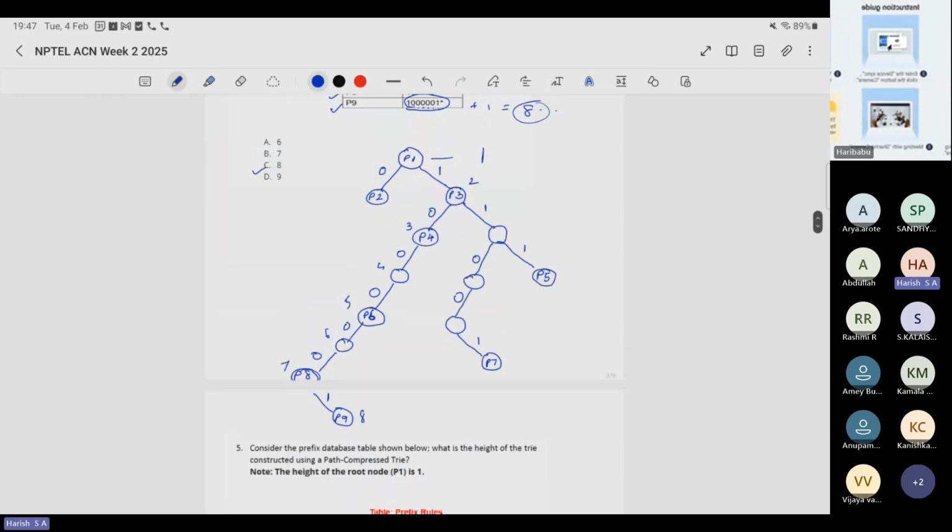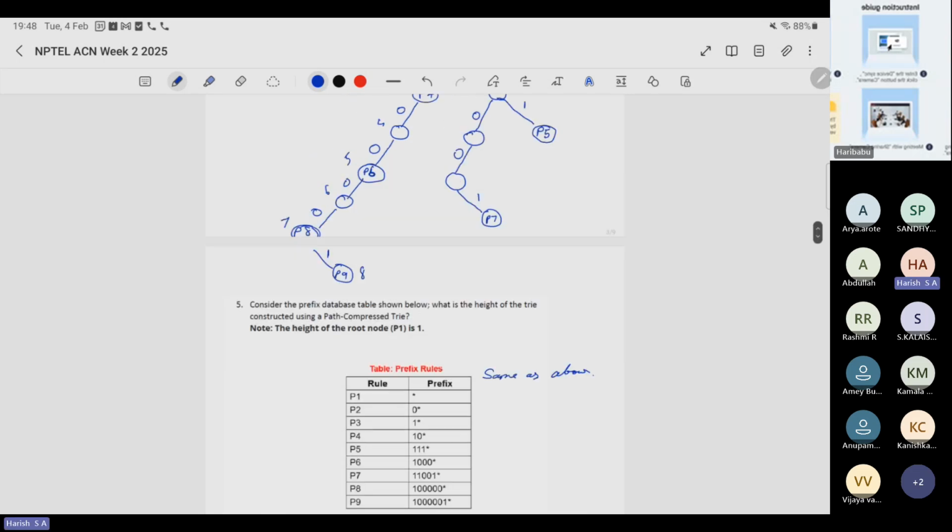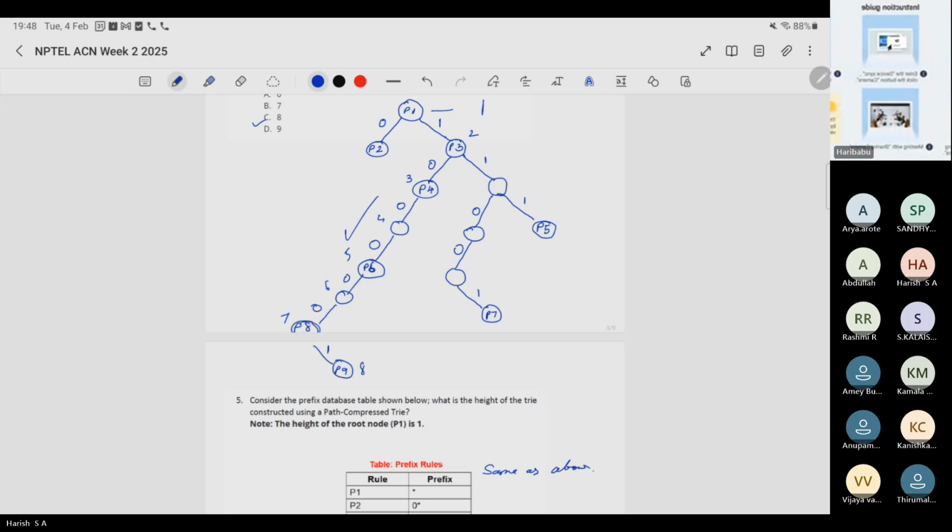We just drew this trie above, correct? The question is the same. The table is the same as above. So now, when it comes to a path compressed trie, we can optimize some aspects, like the number of times we'll have to encode the same prefix types. Like there are two zeros, you can compress this into a single node, right? So when you do that, what is the height of the tree is the question.